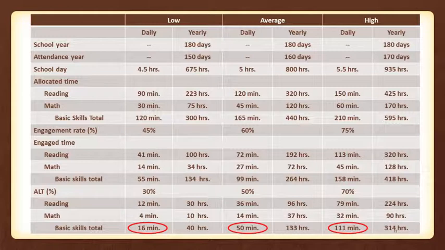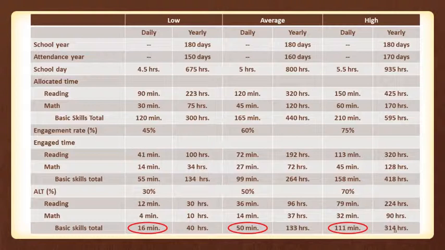What I want you to see is in the final portion of that table, look at the basic skills total. Those minutes that are spent learning basic skills on a daily basis in the low, average, and high condition. Let's put that into Carroll's model of school learning.